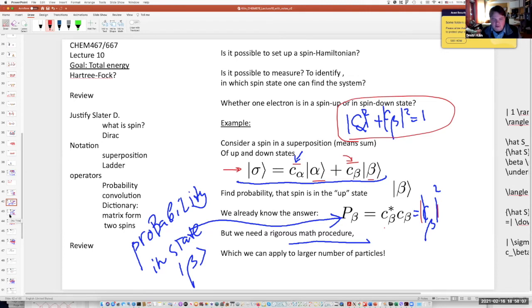C alpha and C beta is the probability amplitude. So it is a number by taking the square of which we get probability.